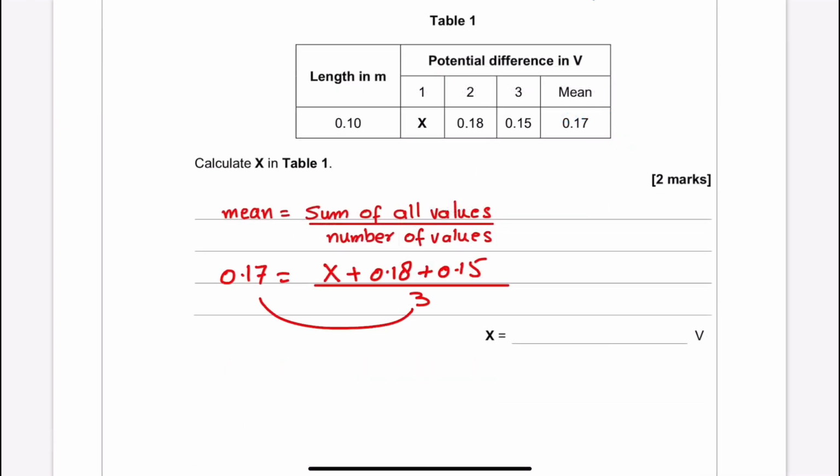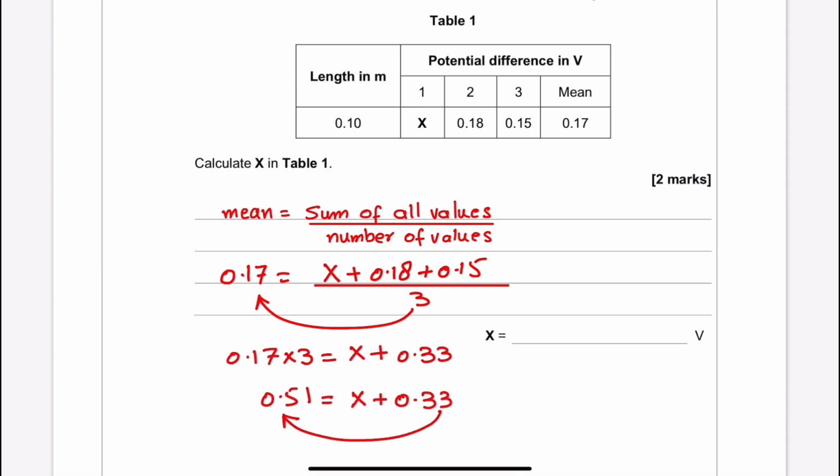This 3 will go on the other side. This 0.33 will go on the other side and it will be subtracted. 0.51 minus 0.33. The answer is x is equal to 0.18 volt.